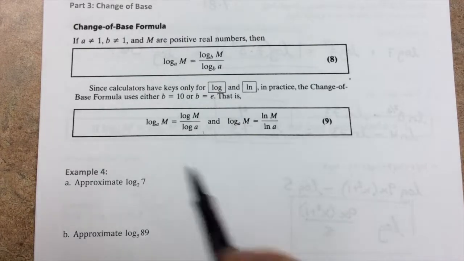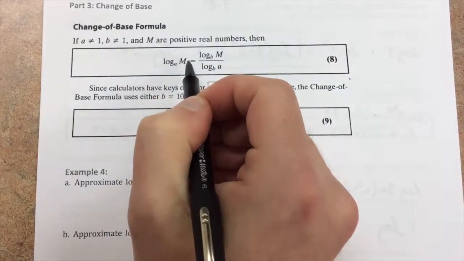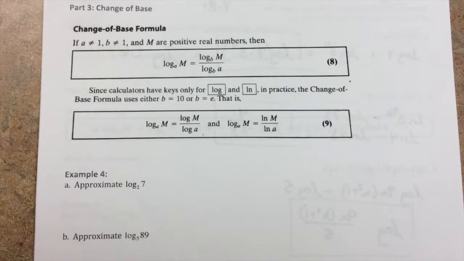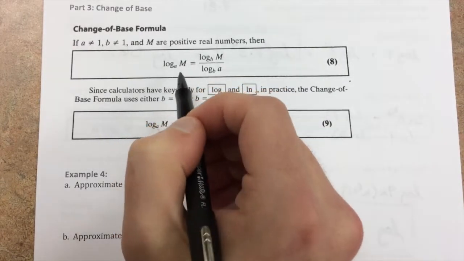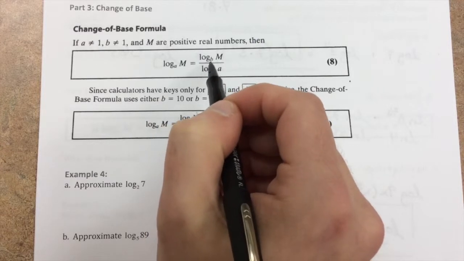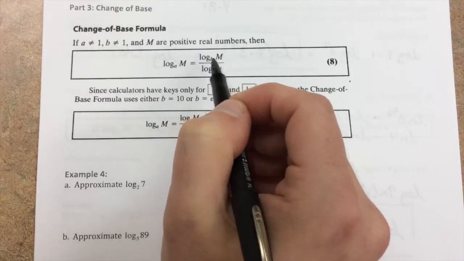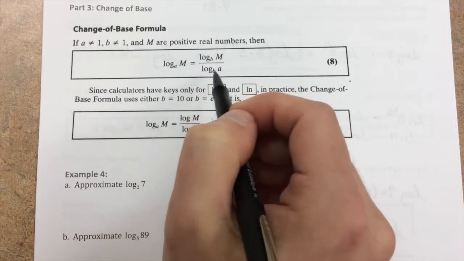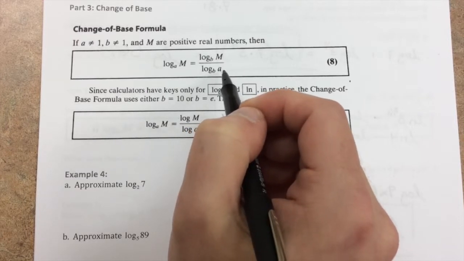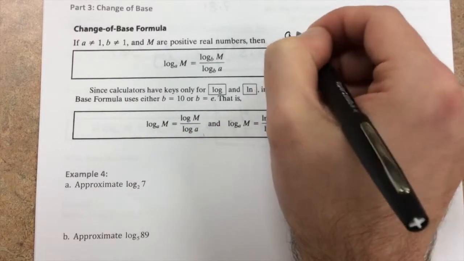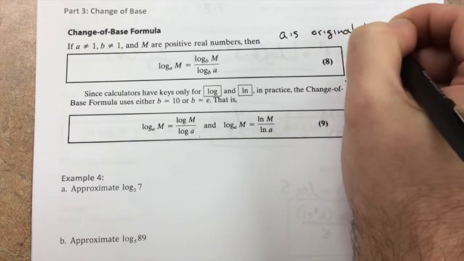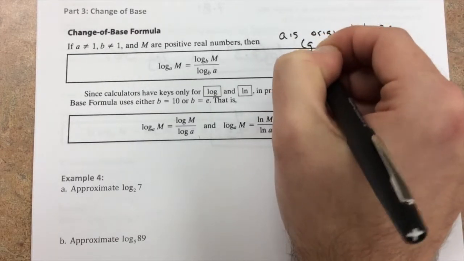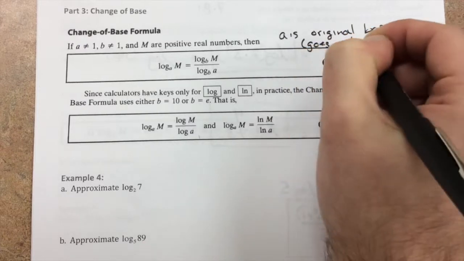So what this says, if we have log base a of m, and we want to change the base to whatever we want, we always put the base on the bottom. So whatever we choose, log base b, our new base, of m divided by log base b of a, which was our original base. A is original, and that goes on the bottom.